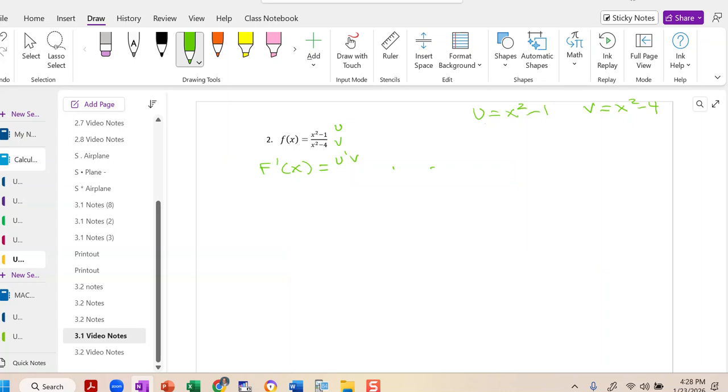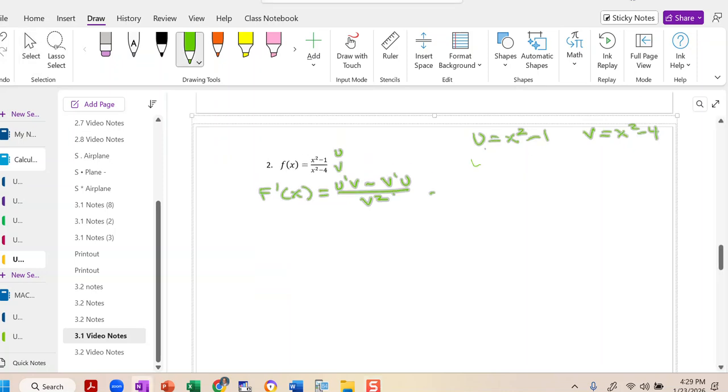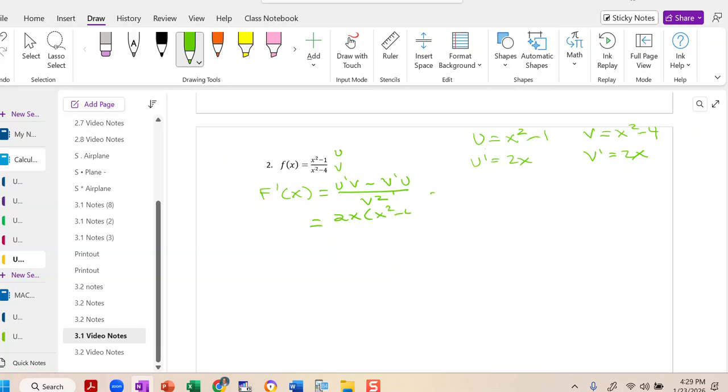It's u prime v minus v prime u, all over v squared. So let's take the derivative here. It's 2x, and the derivative here is also 2x. So it's going to be 2x times (x squared minus 4) minus 2x times (x squared minus 1), all over (x squared minus 4) squared.